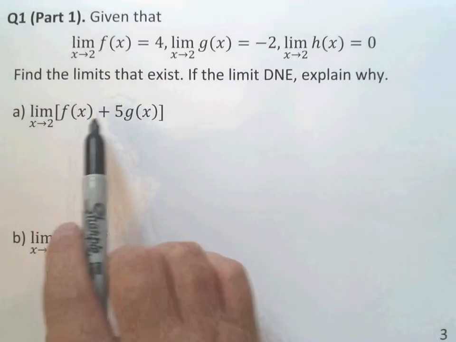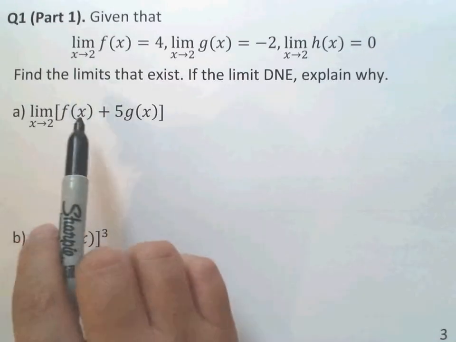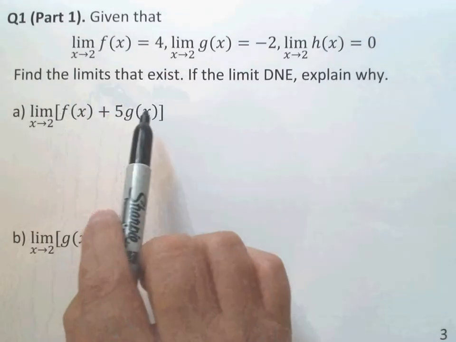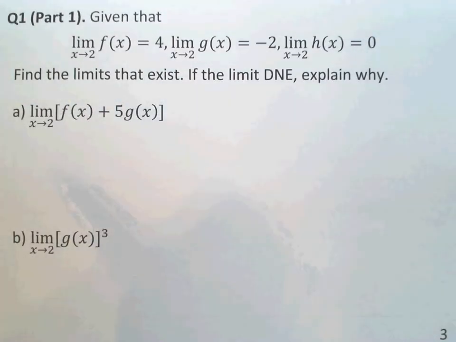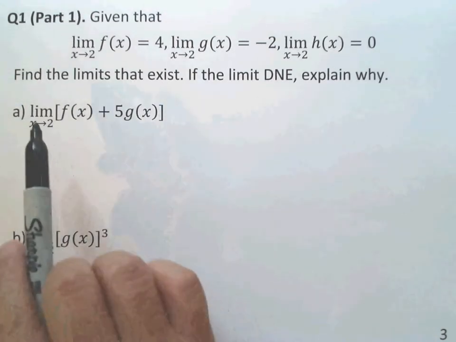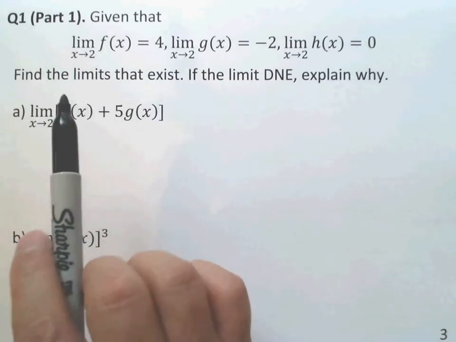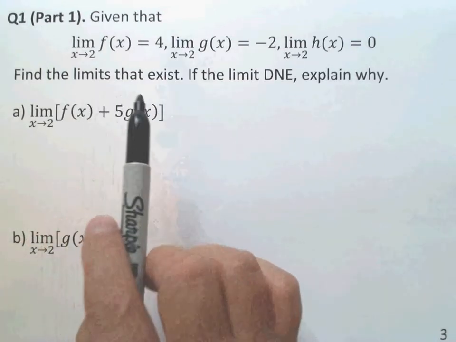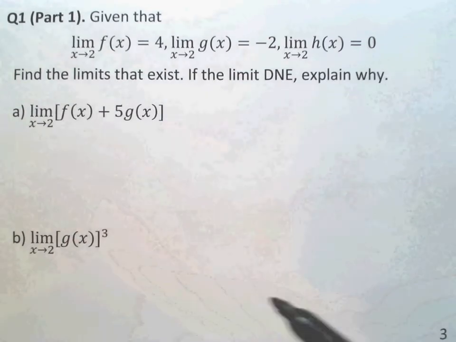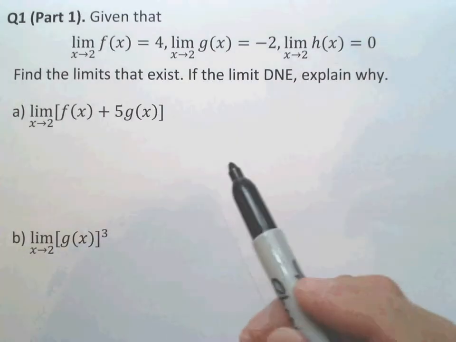The first one is a linear combination, right? This coefficient is 1, and we combine f and g together. Which law are we going to use? We use the linear property, or you can say the sum law and the constant multiple law. We put them together. What do we get?